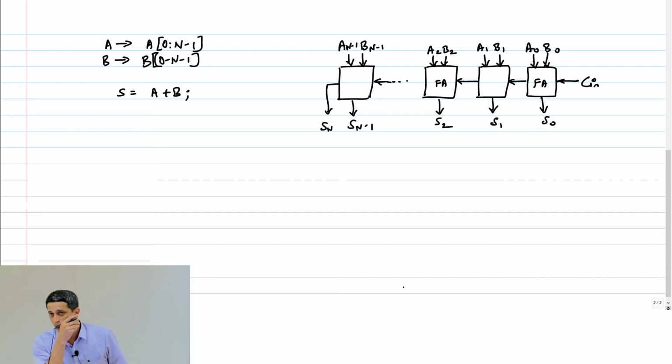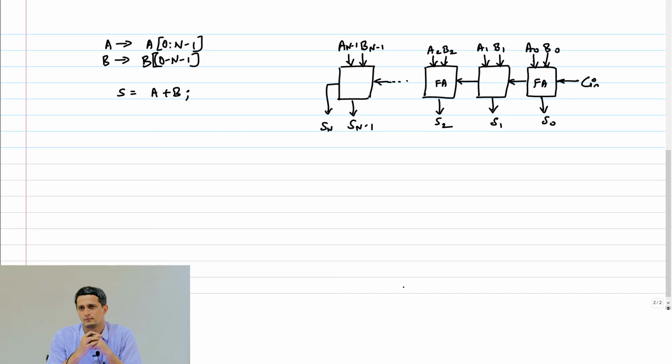So now you look at what happens to the arrival times. This is something we did last class, right? This static timing analysis of propagating signals. Let's assume for now that carry out generation takes 1 unit of time, and sum generation takes 2 units of time.